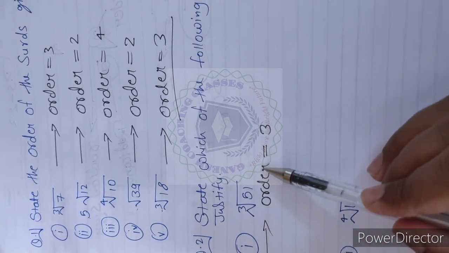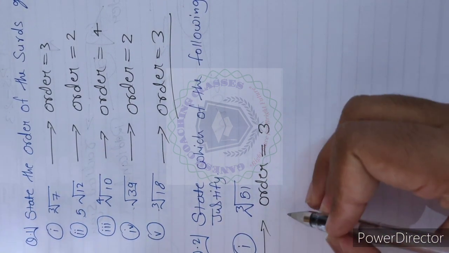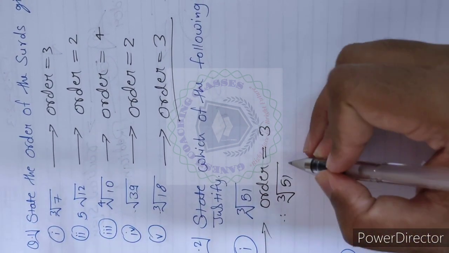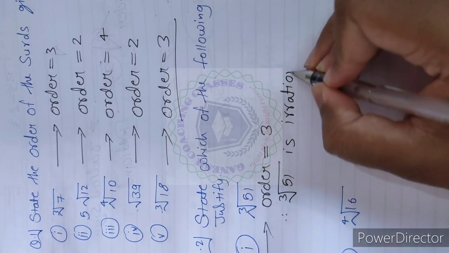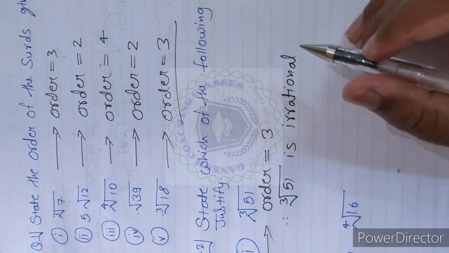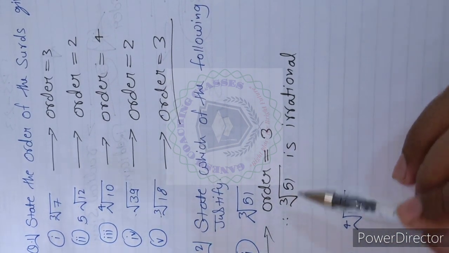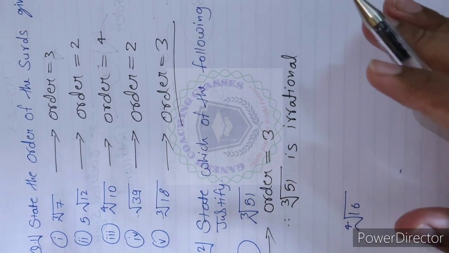That means it is an irrational number. It is not predefined. So here we will write that the cube root of 51 is irrational. And at the start of this practice set, we learned that if the value of the root is irrational, then this root is called a surd.